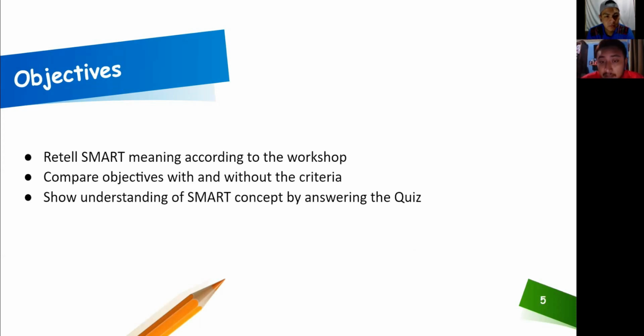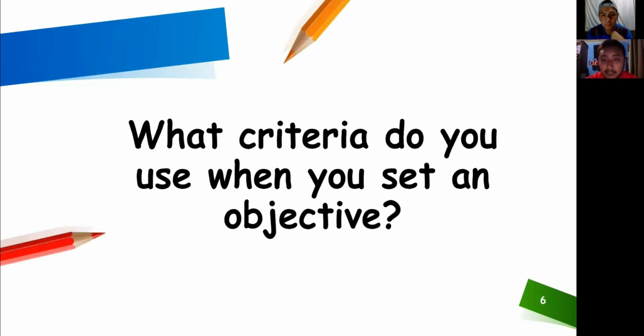And the last one, Daniel? And show understanding of SMART concept by answering the quiz. So by the end of this workshop, we are looking for you to achieve these objectives. And if you feel that you are not achieving them, you can review all this content again for you to have a better and deeper understanding of the topic in general.